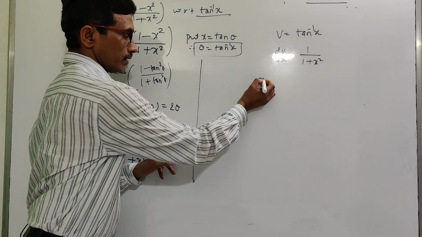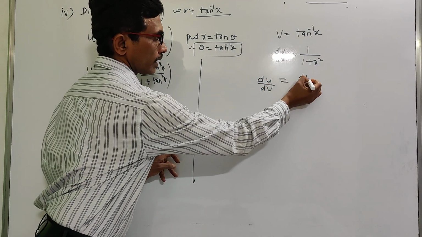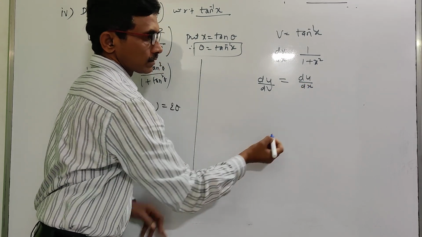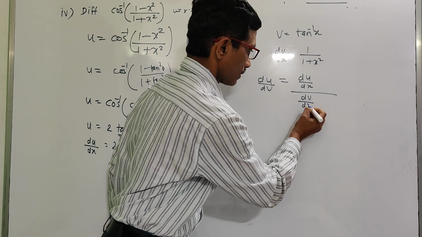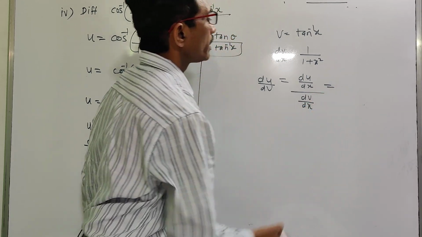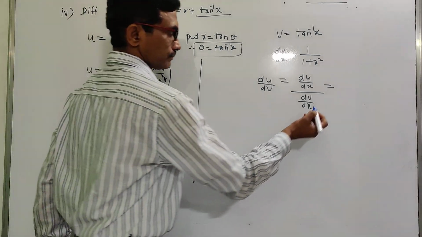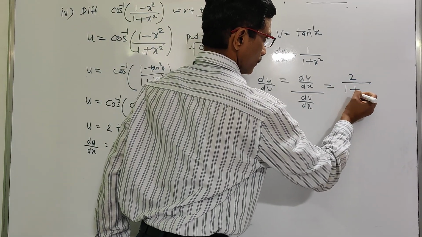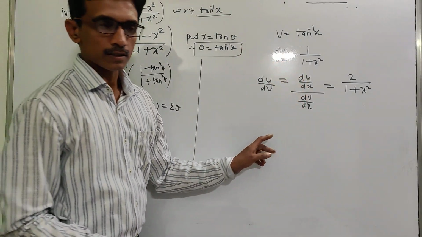So the derivative of u with respect to v, that is du by dv, is equal to du by dx upon dv by dx. du by dx is 2 upon 1 plus x square, and dv by dx is 1 upon 1 plus x square.